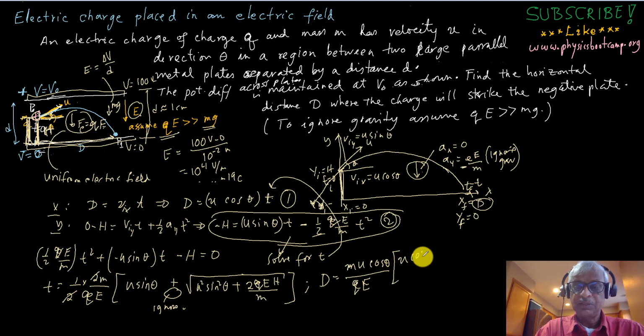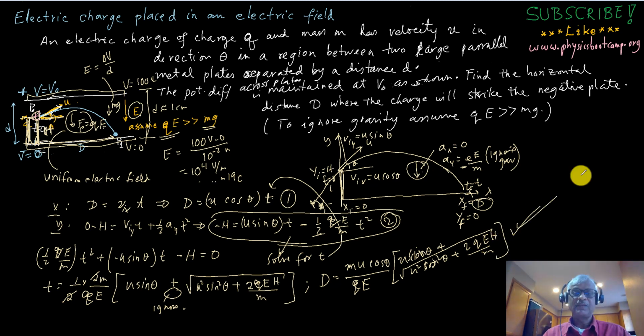U cosine theta plus square root of u squared, u sine theta, not cosine theta, sine squared theta plus 2QEh over m. So that's the answer. It looks a little messy, and sometimes you can just plug in some numbers and get the answer as a very nice numerical value.